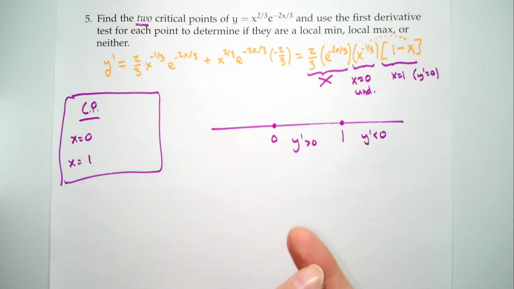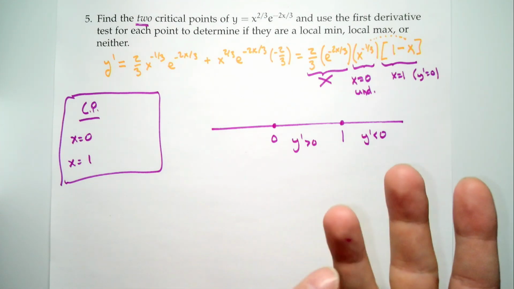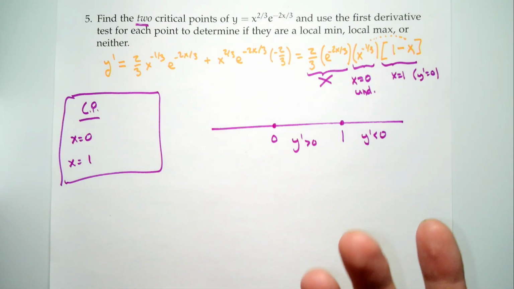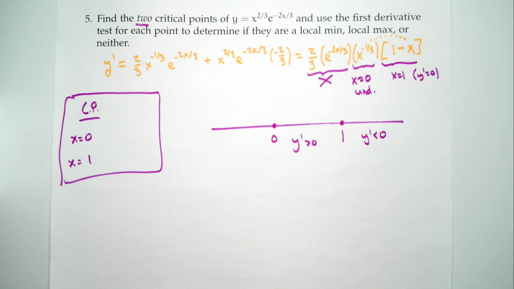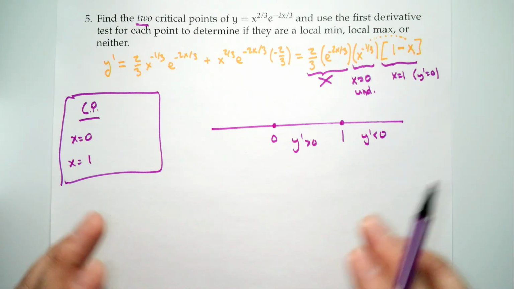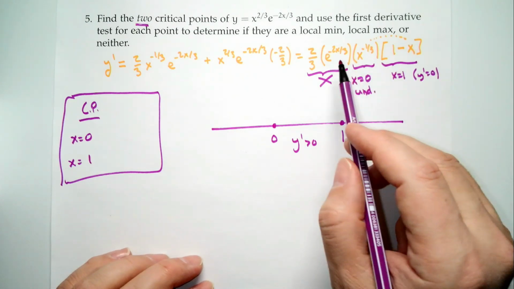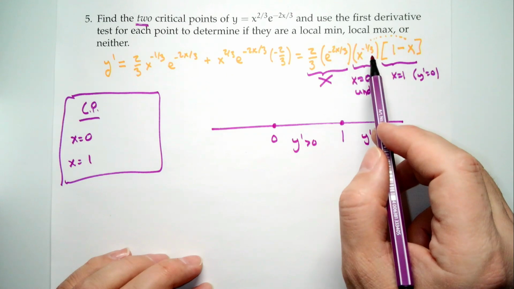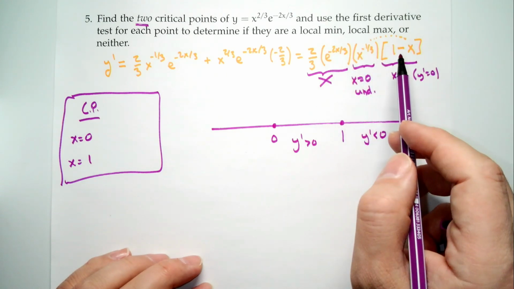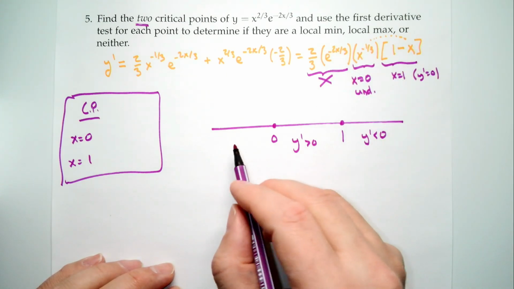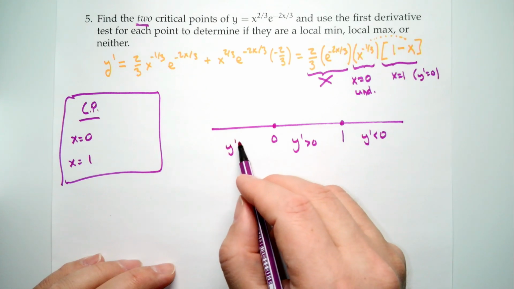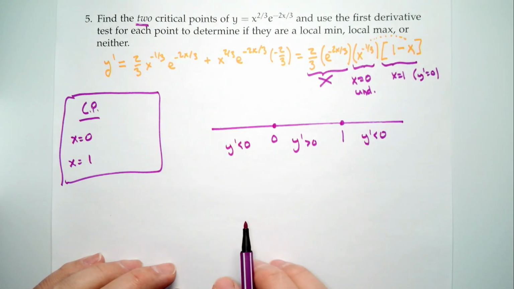Is it positive, negative, or undefined? Well, the cubed root of negative 1 is negative 1. It's a negative value. So what that means is that this will be negative. So we're positive, negative, positive, and therefore we're back to being negative for the derivative.